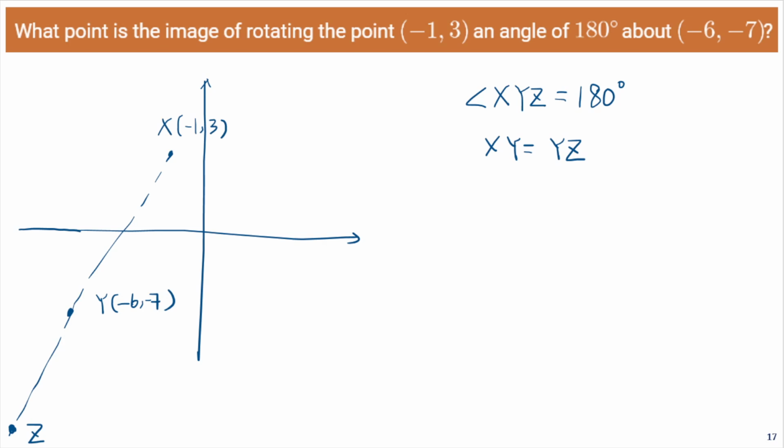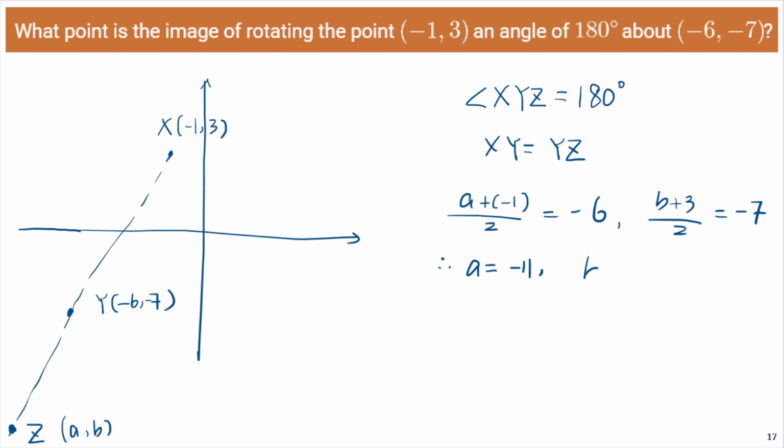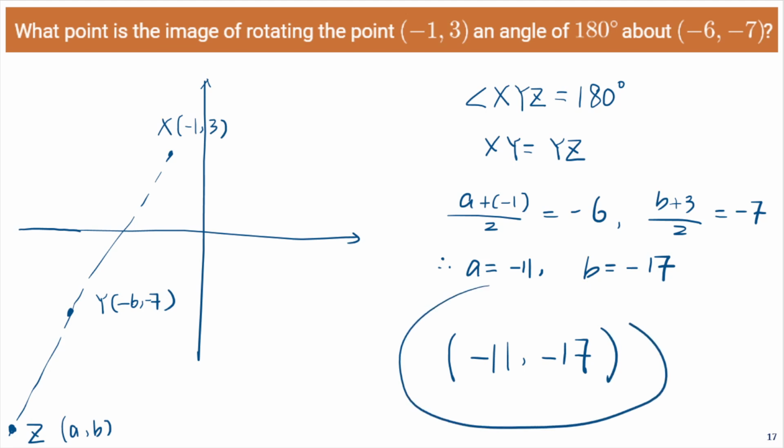So if the coordinate of Z is (A, B), we have (A plus -1)/2 equals -6, and (B plus 3)/2 equals -7. And therefore we have A equals -11, B equals -17, right? So the image of X upon 180 degrees rotation about Y is -11, -17. Did you get it?